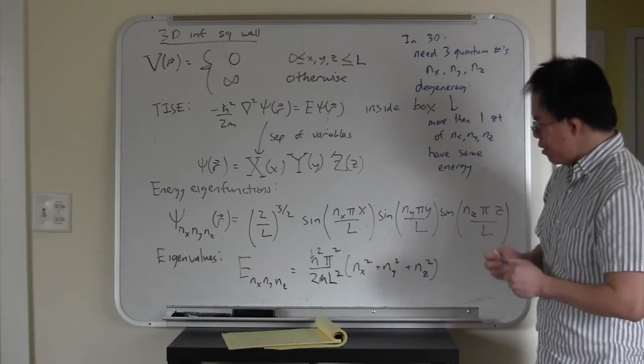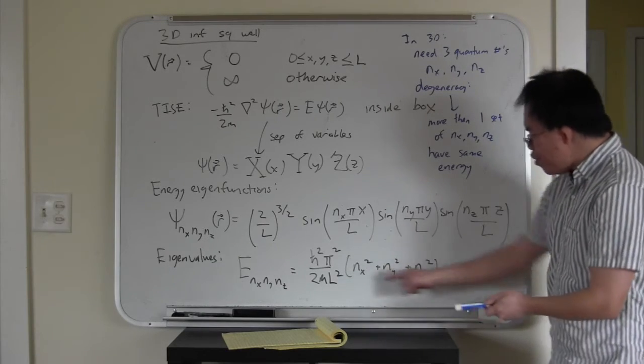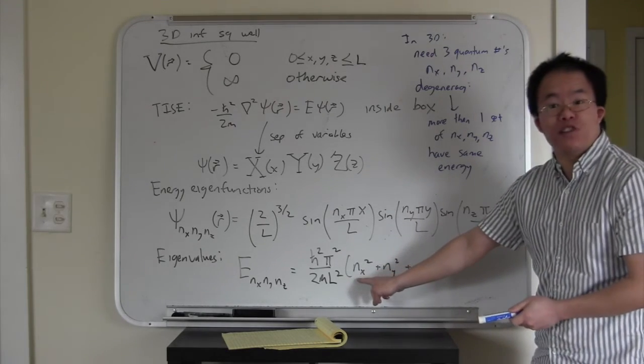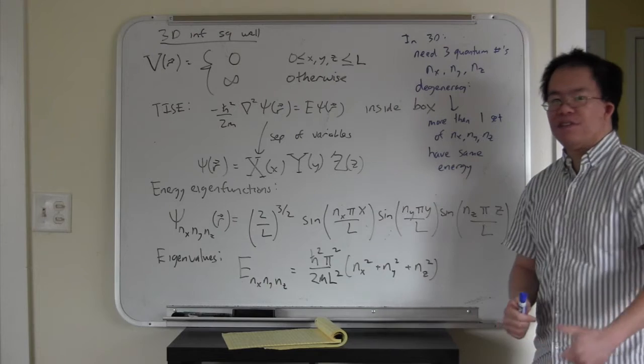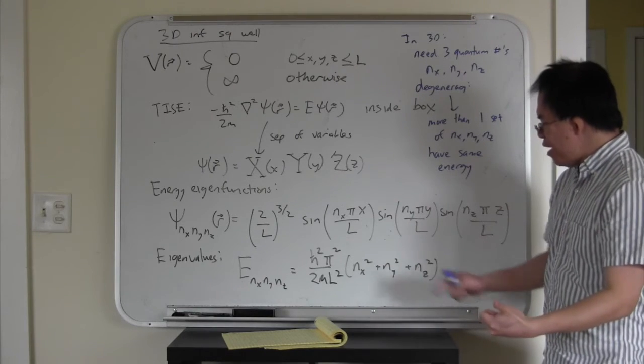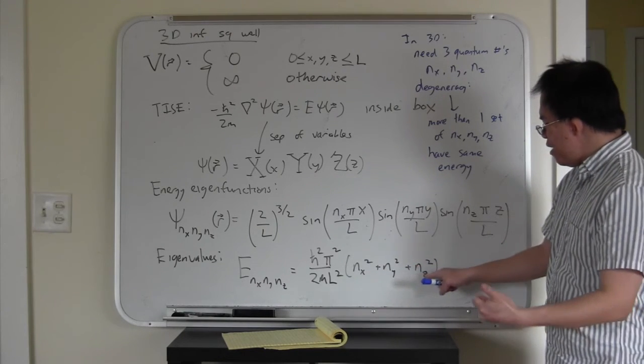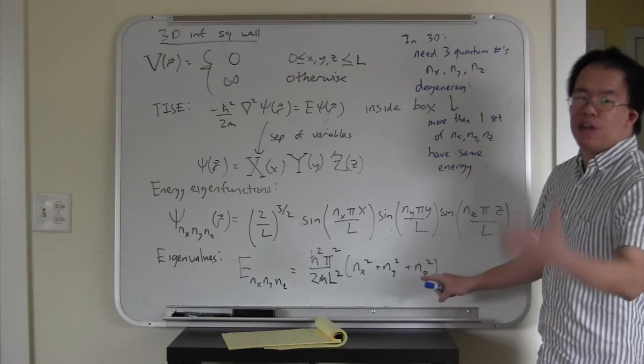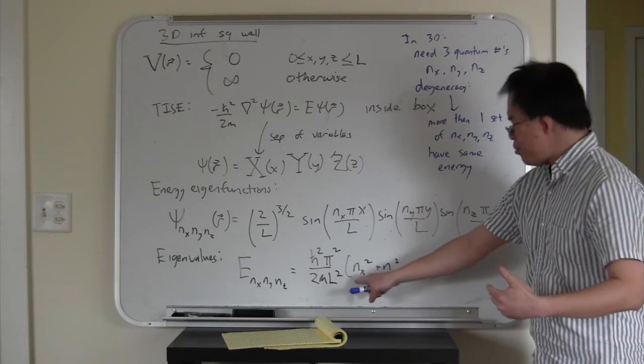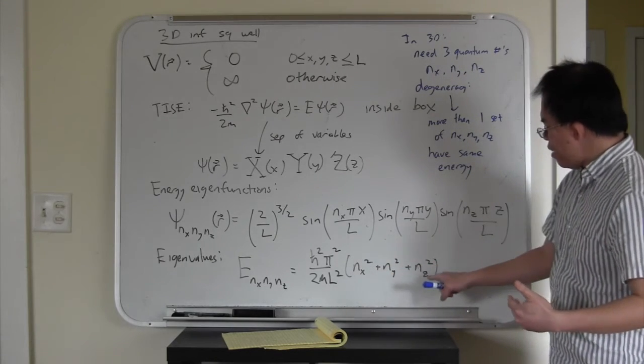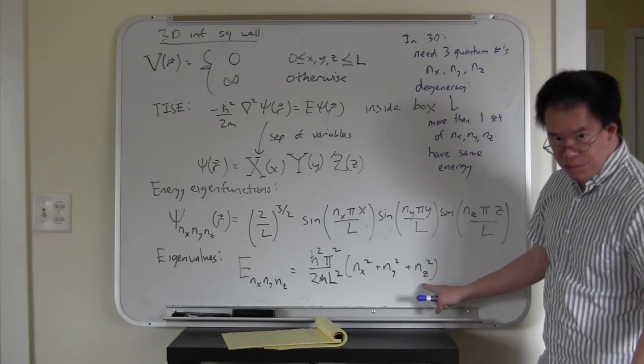In particular, if I look at this expression, I'll get the same energy eigenvalue if I have, let's say, nx equals 1, ny equals 2, and nz equals 1, as I would if I had nx equals 1, ny equals 1, and nz equals 2.